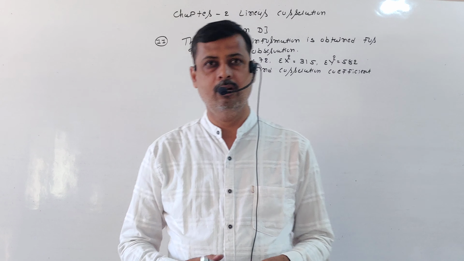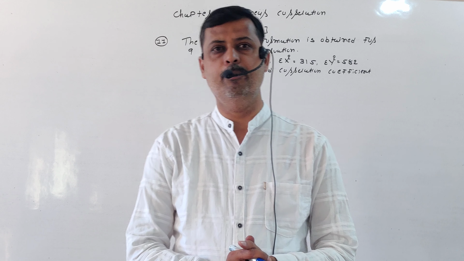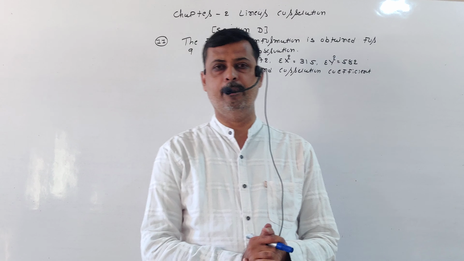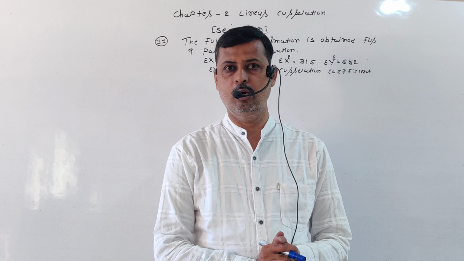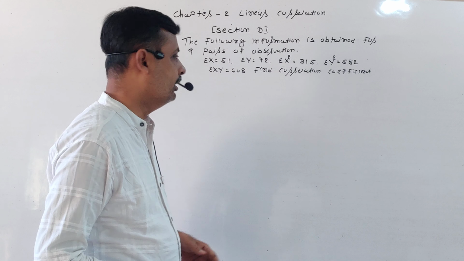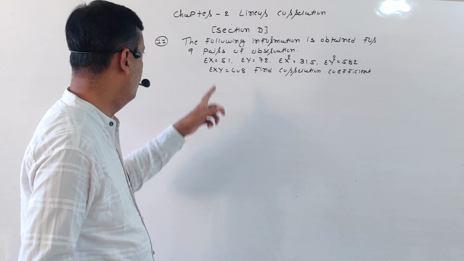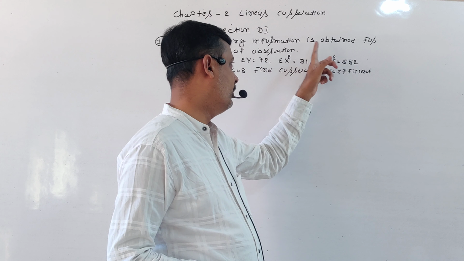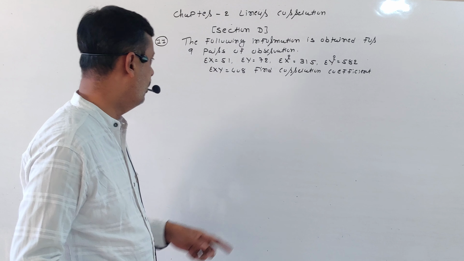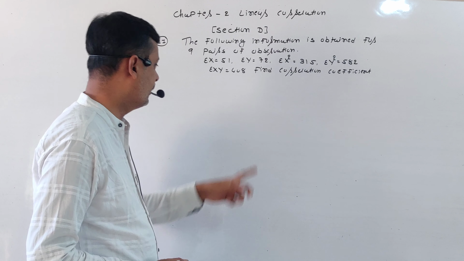Hello friends, today we take a short example of the second chapter, linear correlation, section D, example number 11. The following information is obtained for 9 pairs of observations.